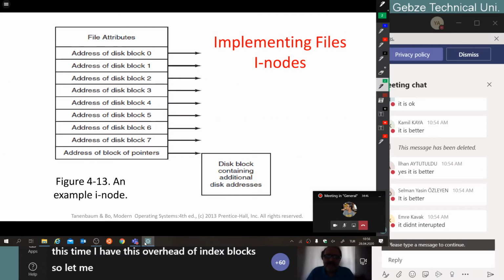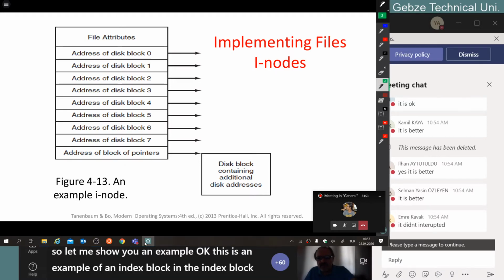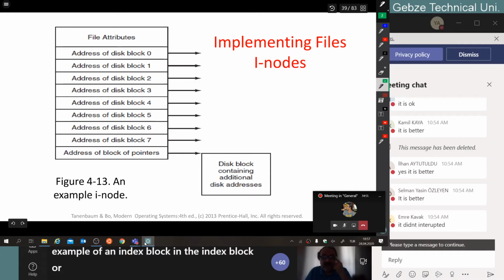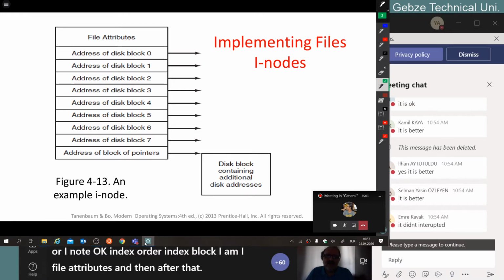This is an example of an index block. In the index block, or inode, index node, I have my file attributes, and after that I have the addresses of block 0, block 1, block 2, etc. for my file.